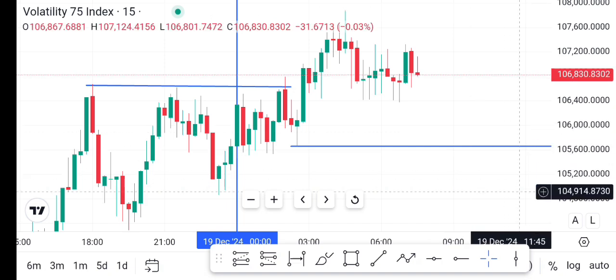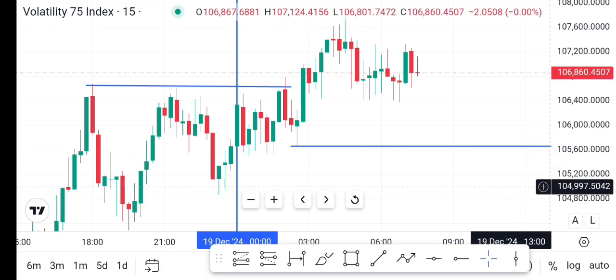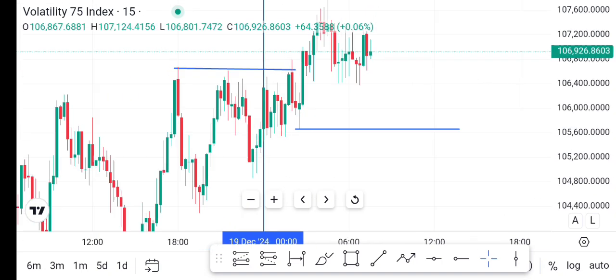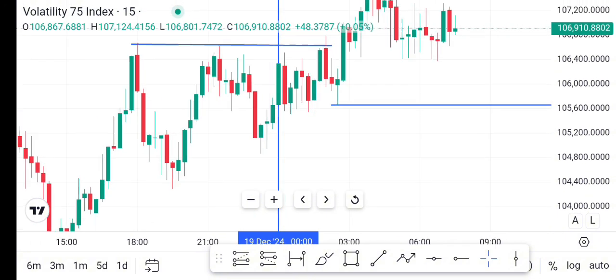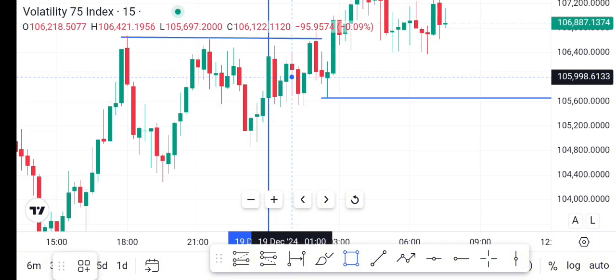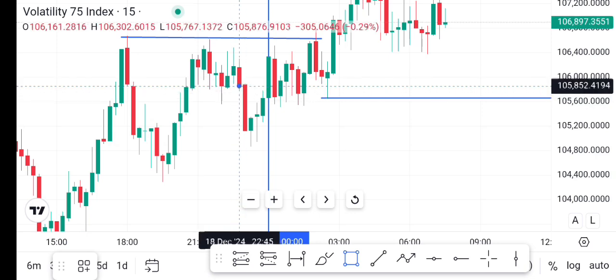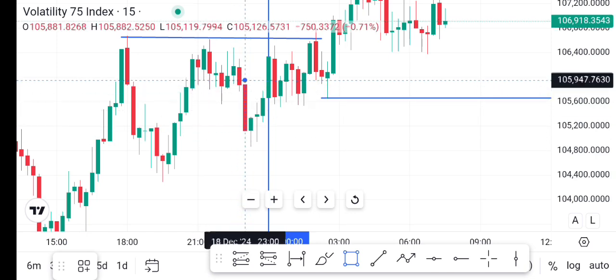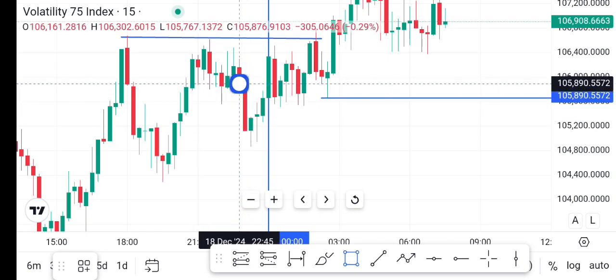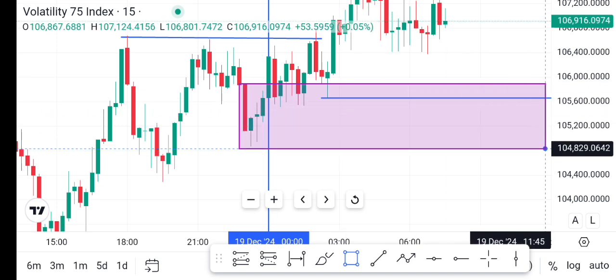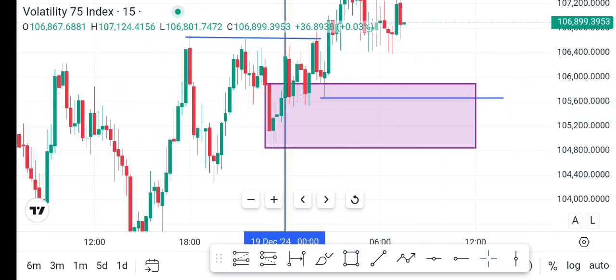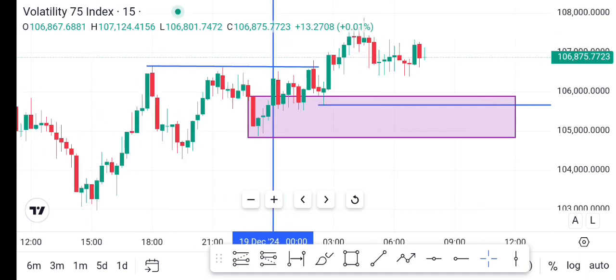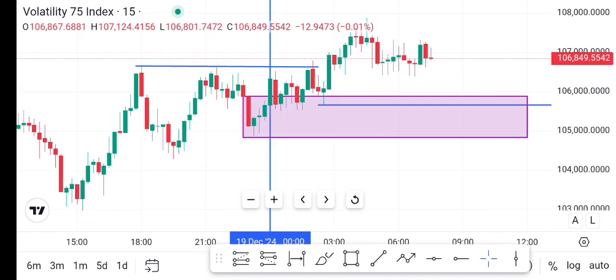We expect the market to come around this area. This red candle here, we highlight it like that. So we wait for the market to come into that area, take this line, come back inside that area, and then we go up.